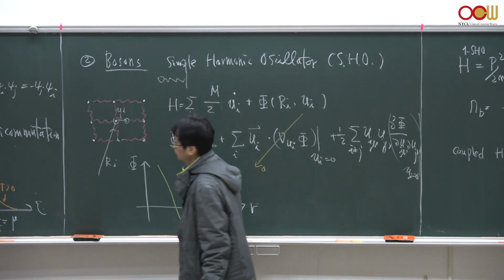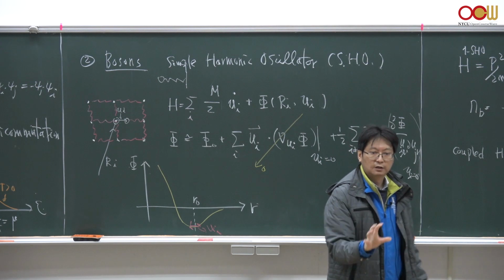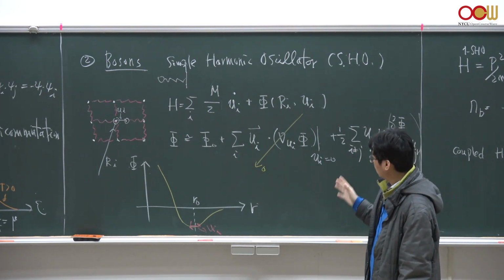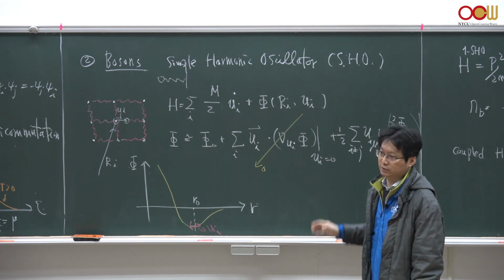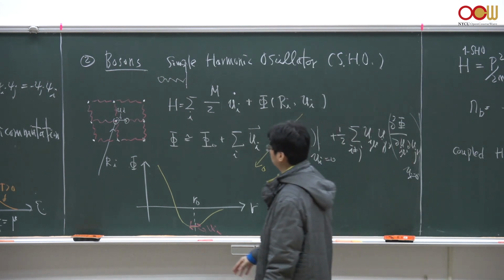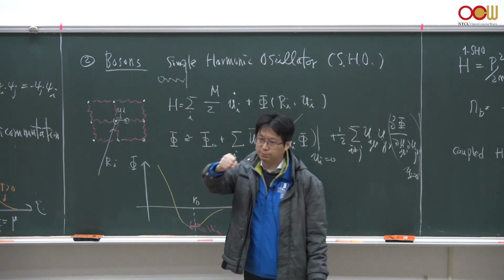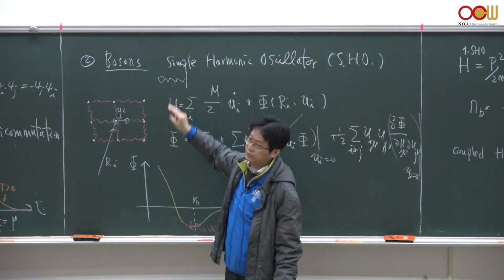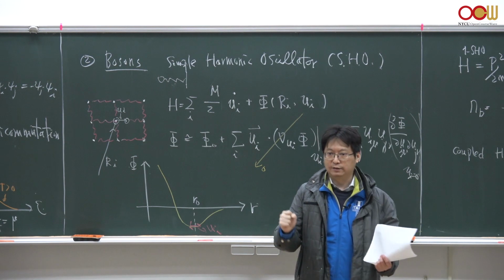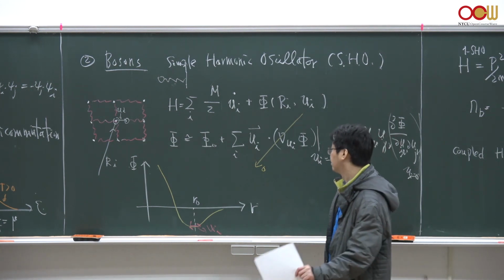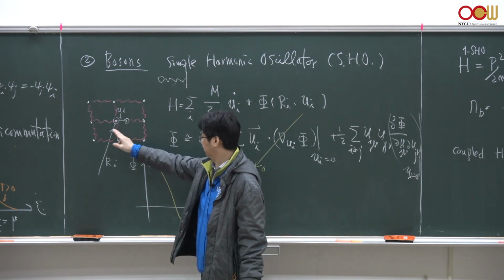You can imagine that the lattice vibration of solids looks more or less the same as a coupled harmonic oscillator. All these wavy red curves represent the springs of a simple harmonic oscillator, and everybody connects with everybody else by a spring, with a spring constant.